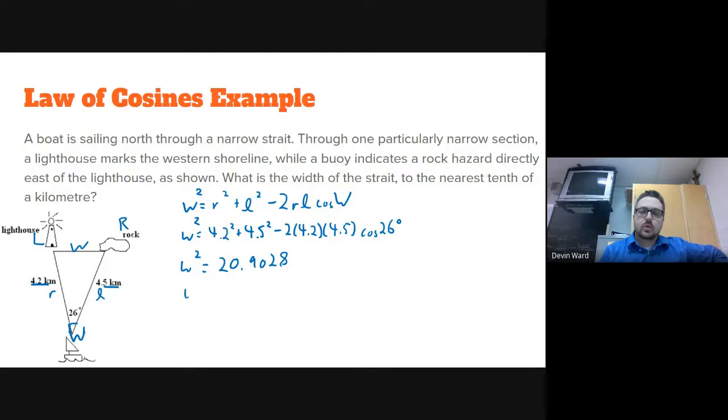Take the square root to isolate W. The width of the strait is approximately equal to 4.6 kilometers.